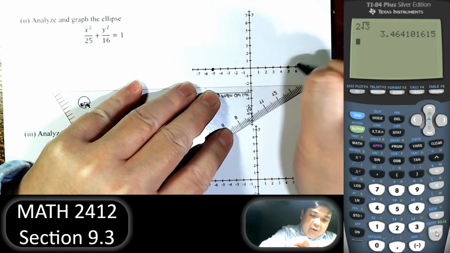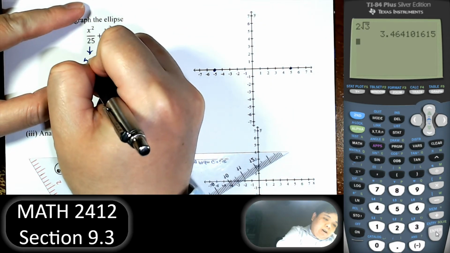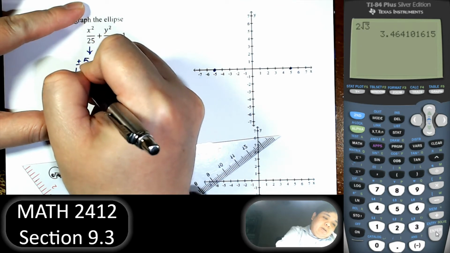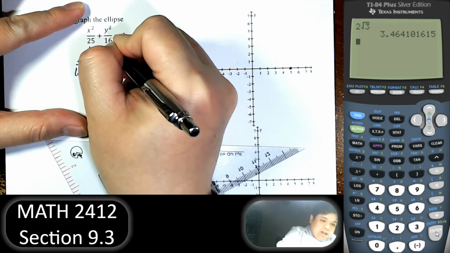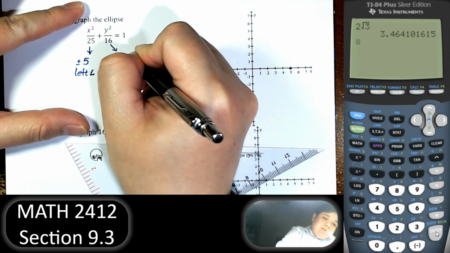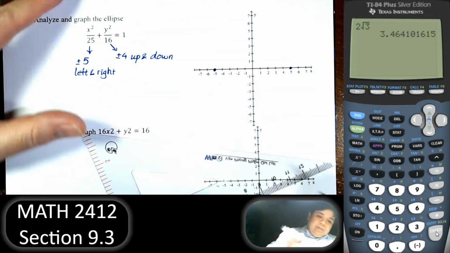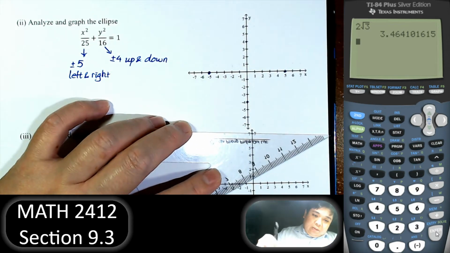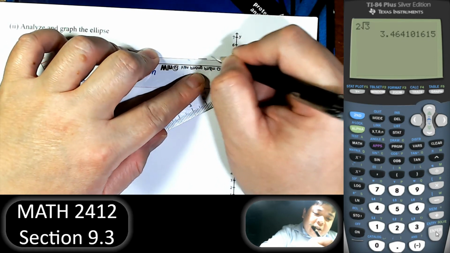Under the y squared, the 16, we have plus or minus 4, up and down. So we draw the box. So always have the box first.